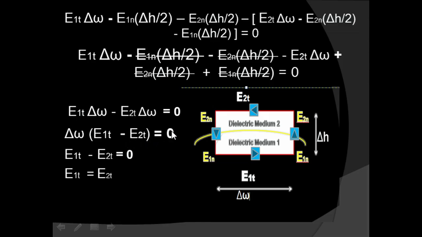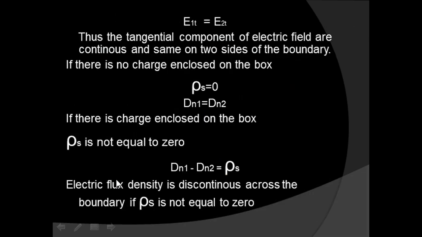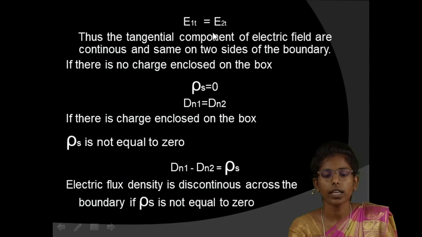So E1t minus E2t equals 0. Then I take E2t to the right-hand side, so the equation becomes E1t equals E2t. This equation represents that the tangential components of the electric field are continuous and the same on both sides, in dielectric medium 1 and dielectric medium 2.